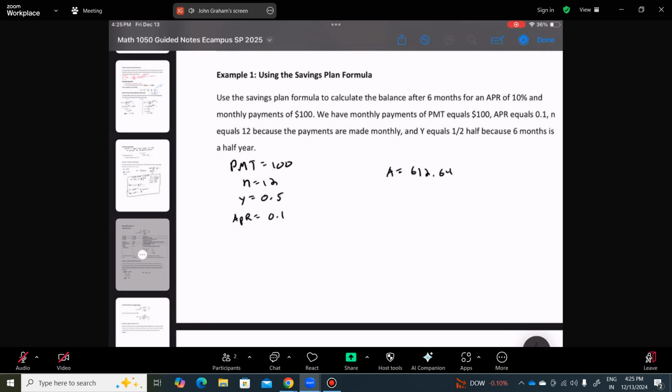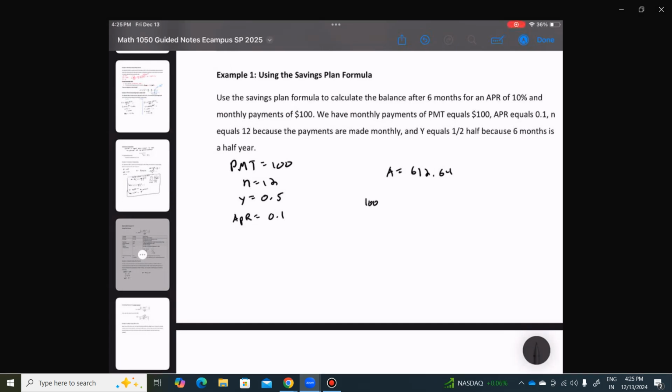So, if you invest $100 per month over 6 months, you end up with $612.64. Now, from this, 100 times 6 is 600.